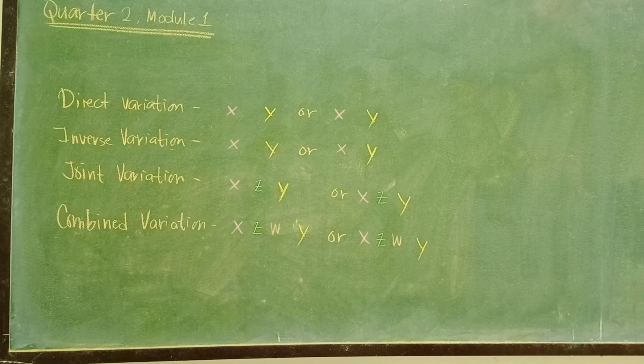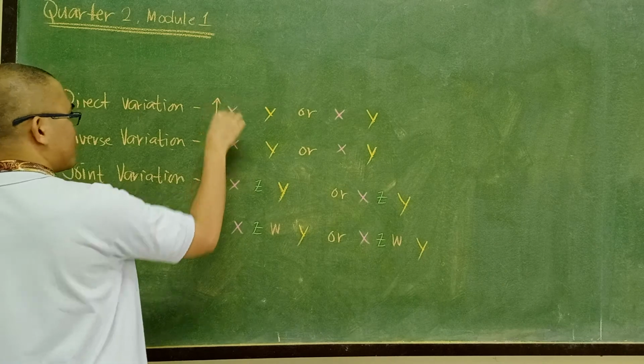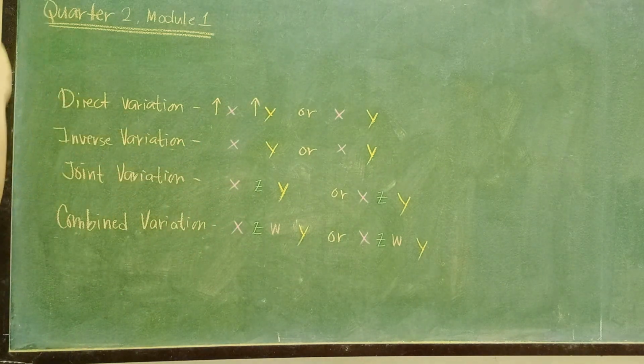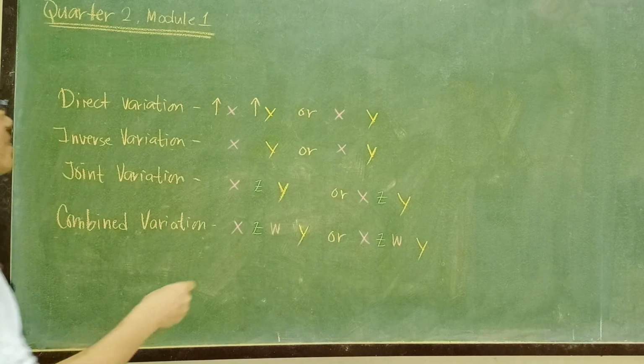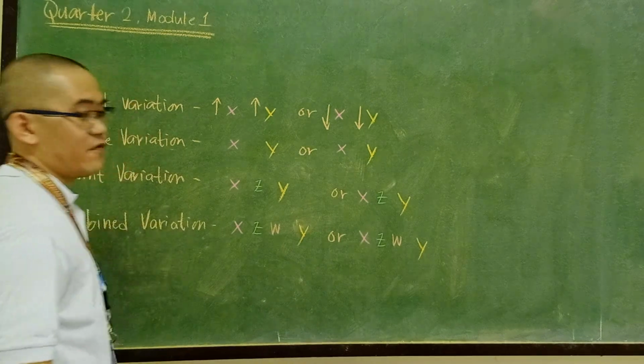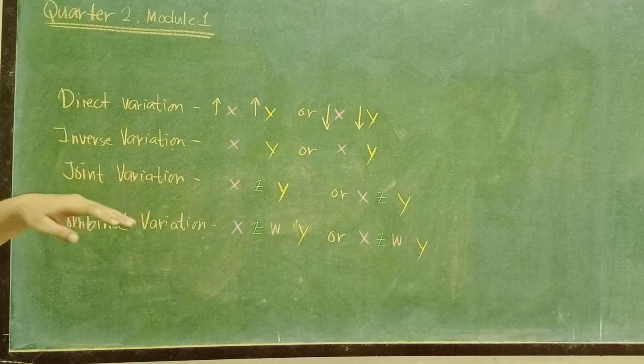Okay, to summarize lang kung ano yung idea ng direct, inverse, joint, at combined variations. Sa direct variation, yung value ng x and y mo is nag-increase proportionally. So yung ratio ng pagtaas ng x, ito yung ratio ng pagtaas ng y. Or vice versa. Pag bumababa yung value ng x mo, bumababa din yung value ng y. So parehas na tumataas or parehas na bumababa.